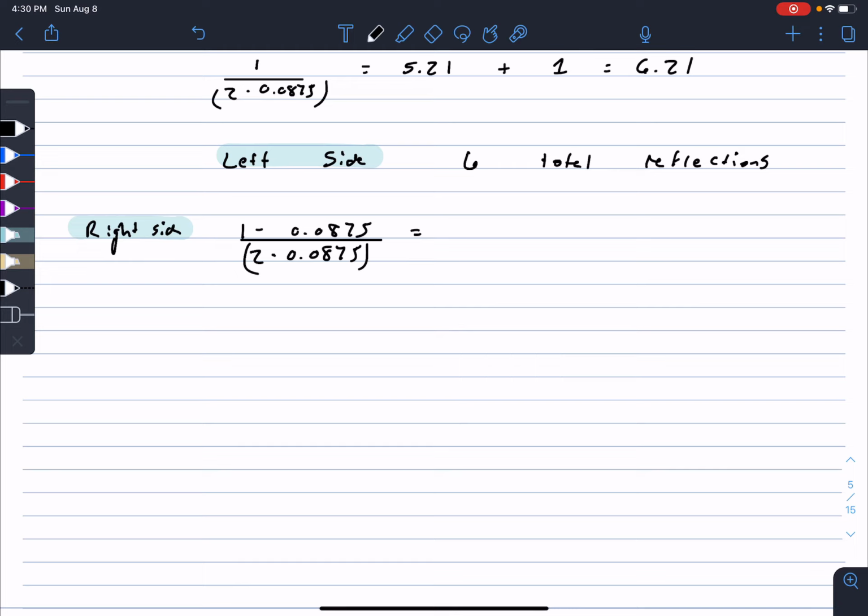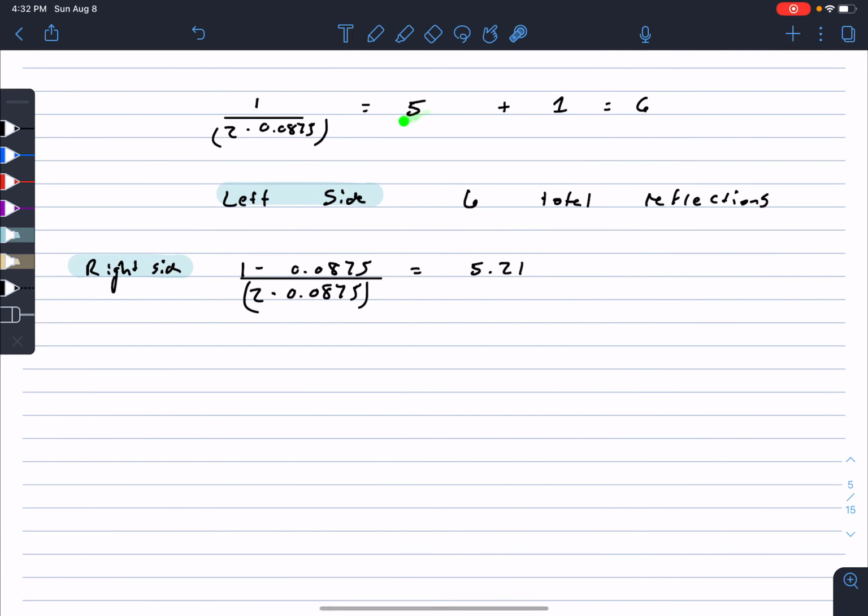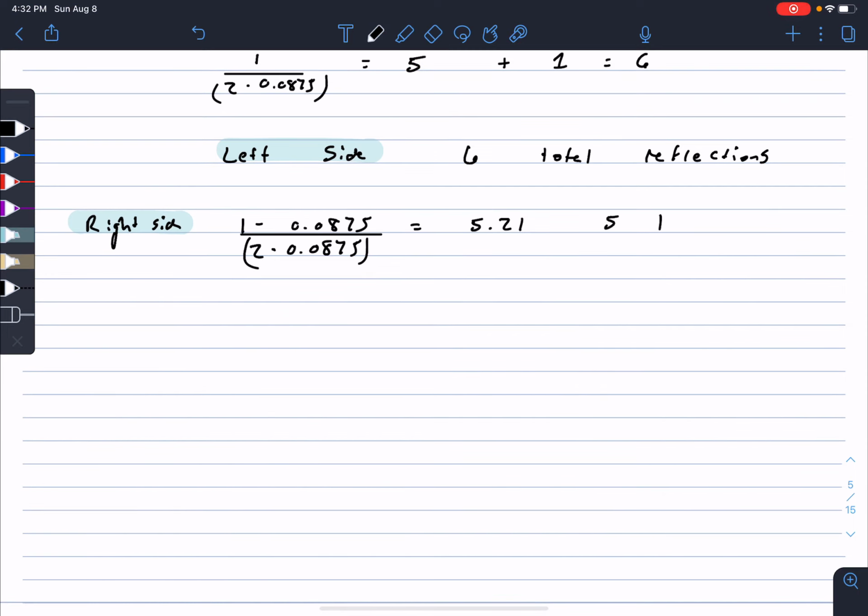That gives us a value of 5.21. I actually wrote this down incorrectly: this original value was much closer to 5, but it was still over 5. It's 5 plus, so that's 5.21, which is 5 total reflections on the right side.